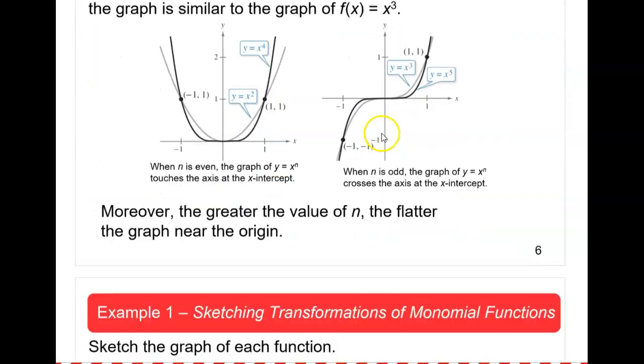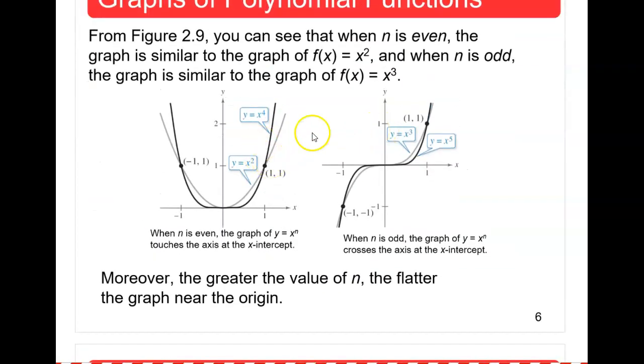So for example, let's go ahead and grab x to the first power, which will just be a line. And it also passes through the origin and through those points (1, 1) and (-1, -1).